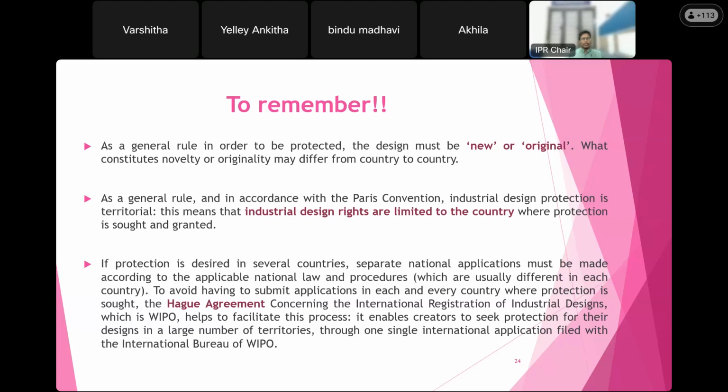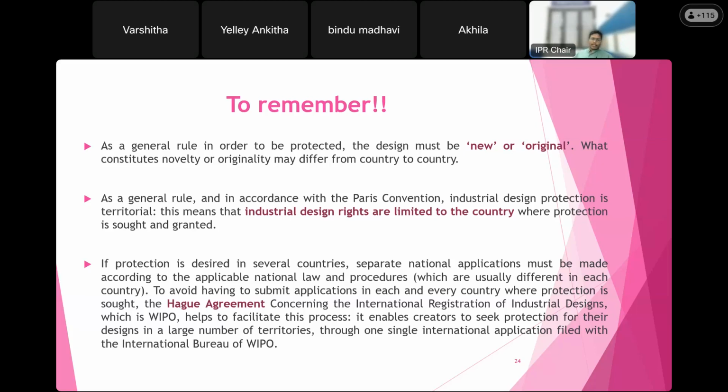They will separately examine and give their results. Rather than filing in each and every country individually, you can directly file in all the countries which are members of the Hague Agreement. The Hague Agreement is administered by WIPO. In the case of patents, it is through PCT. In the case of designs, it is the Hague Agreement. In the case of trademarks, it is the Madrid Protocol.